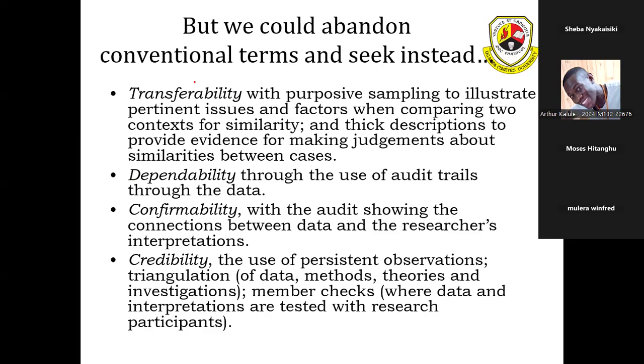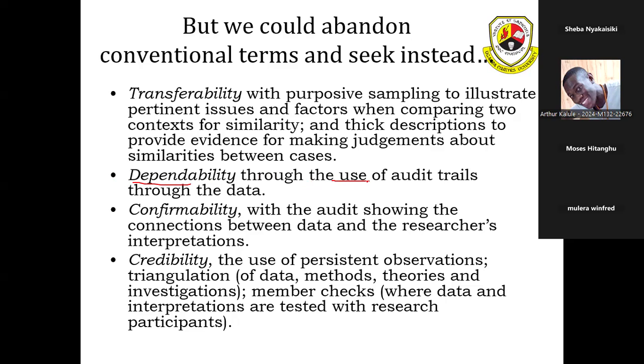Transferability is where, in the example that I gave you, let us say you are talking about your case study, you try to relate it to other case studies that are of a similar situation. Dependability. This is where you have an audit trail of your data.